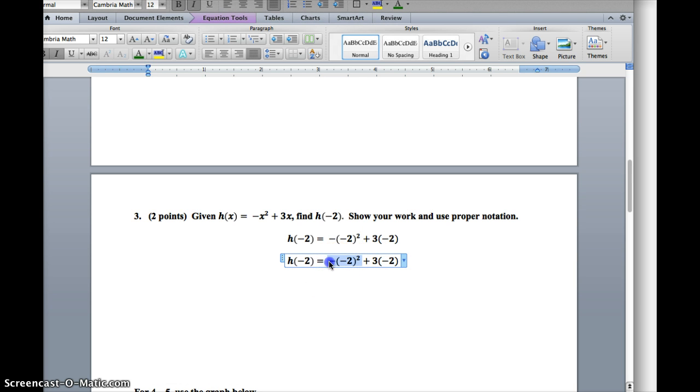So what this means is the opposite of -2 quantity squared. Well, what is -2 quantity squared? It's just -2 times -2. So this is the opposite of this product. And let's go ahead and replace this with a -6.